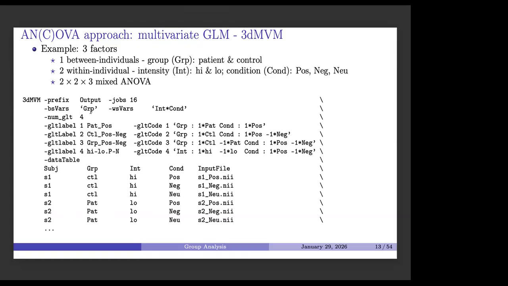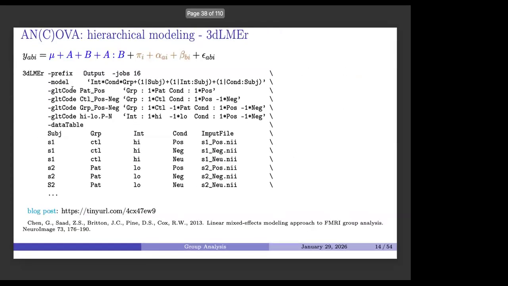We just specify the variable type, either it's a between-subject factor or a within-subject factor. Under the hood, the model is basically similar to this, but conceptually it's a little bit different. Either we treat it as between-subject versus within-subject, or here we treat it as a hierarchical structure whenever we build a model.